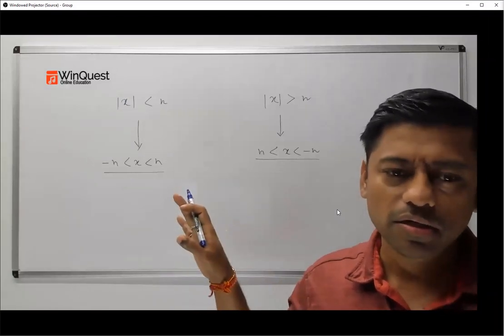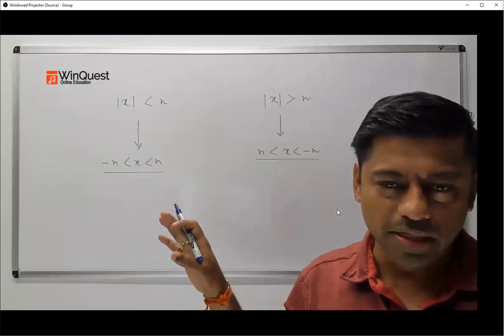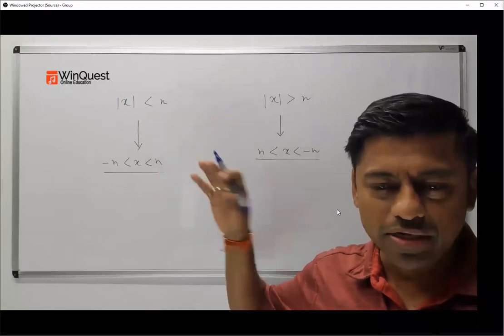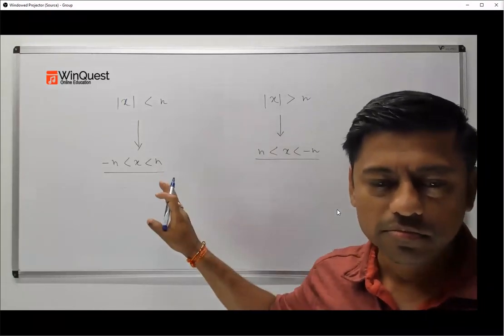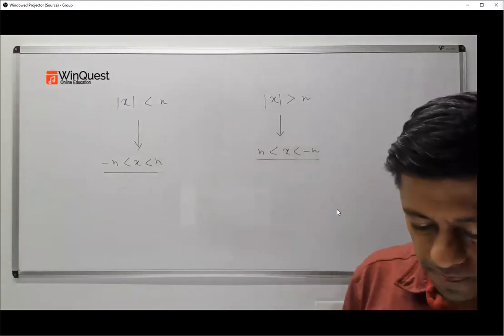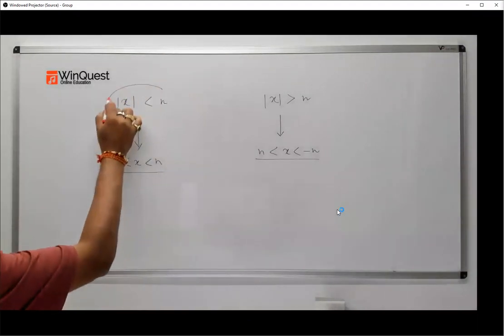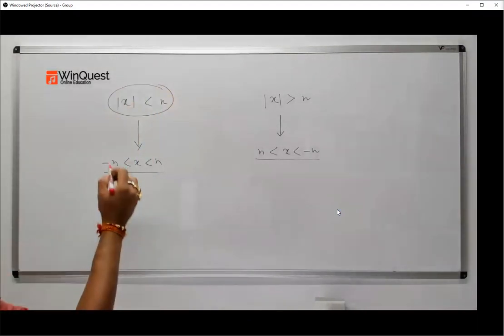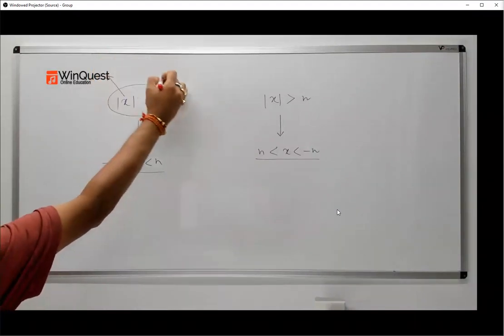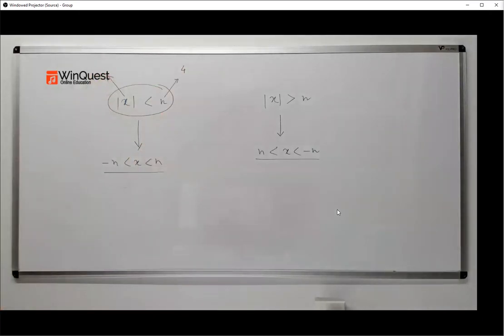Just assume some values and see if those values validate this inequality or not. I will help you out. Absolute value of x is less than n. Let's take n as 4.